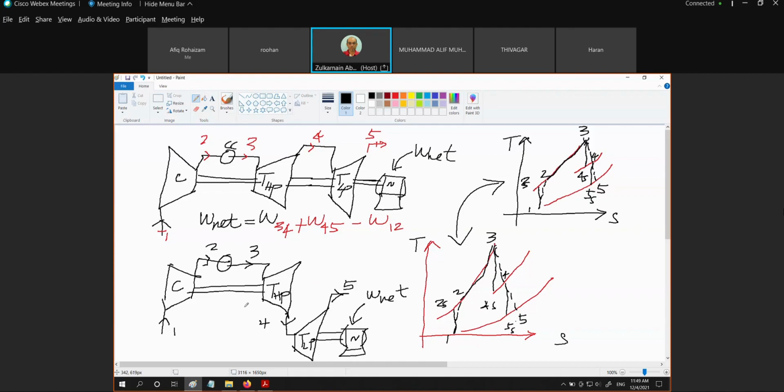Right. So as for the relationship between the work transfer, what we can write for this second schematic diagram is this equation.